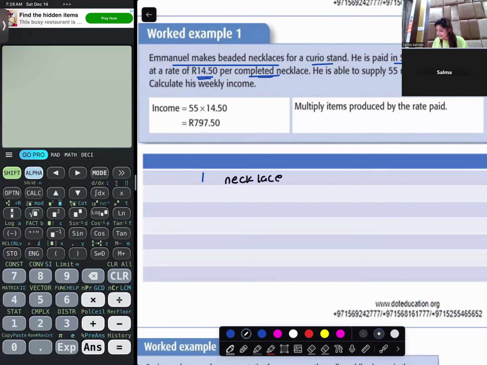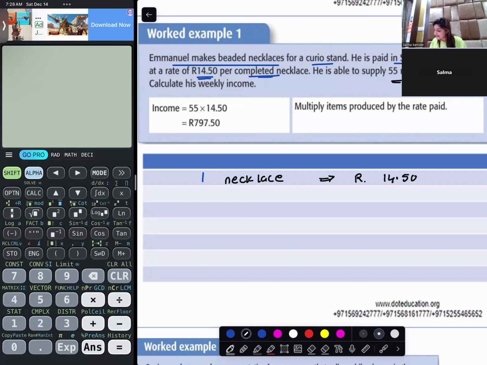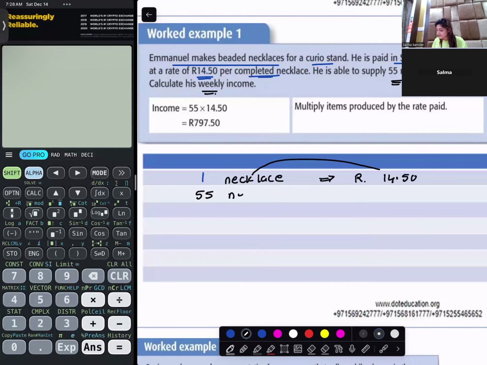For one necklace, he's going to get South African currency 14.50. He is able to supply 55 necklaces per week. Calculate his weekly income. So for one necklace, he's going to get 14.50. So for 55 necklaces, how much will he get?